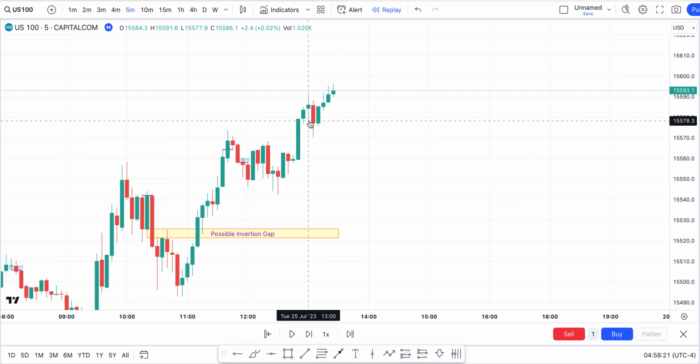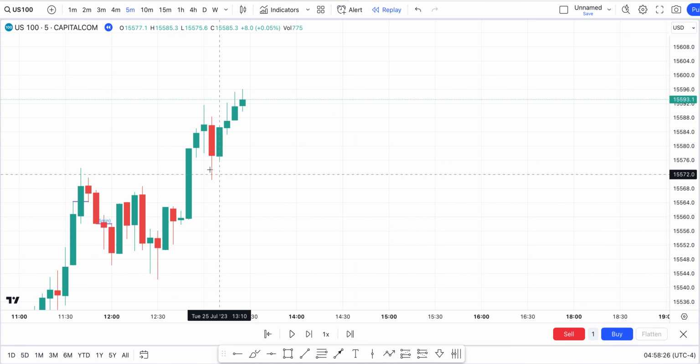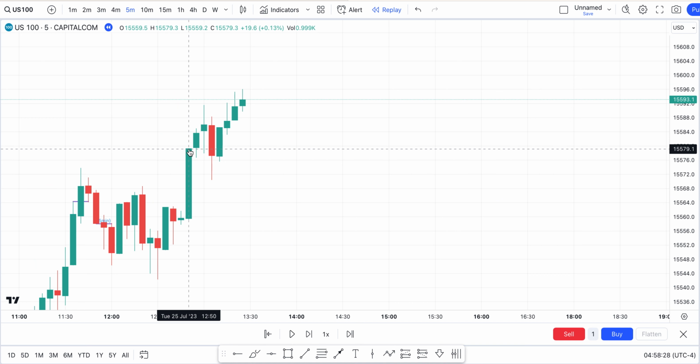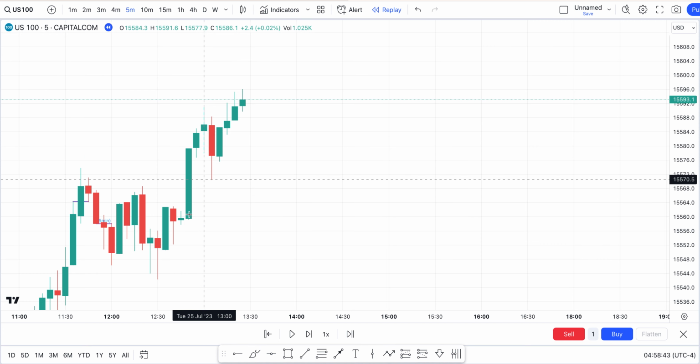Fair value gap, is that perfection? Let's see. This high comes in at 15579.3. Low comes in at 15577.9. That's too far. So this I would ignore.